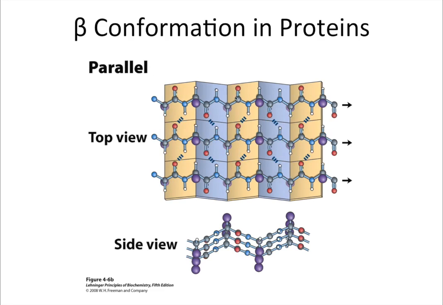Now we have parallel beta sheets, where we have N terminus to C terminus going from left to right for all of the polypeptide chains. So in this case, they're still stabilized by hydrogen bonding, but notice that now there's a significant angle on that hydrogen bonding. At any rate, understand that you have 2 types of beta sheets, parallel and anti-parallel.